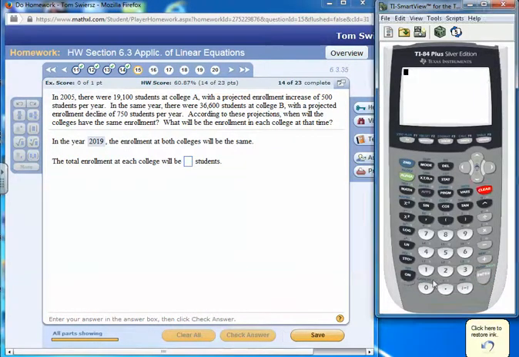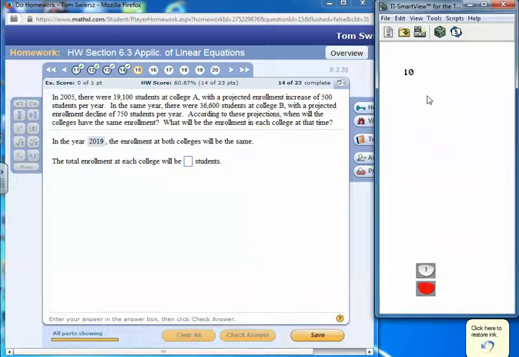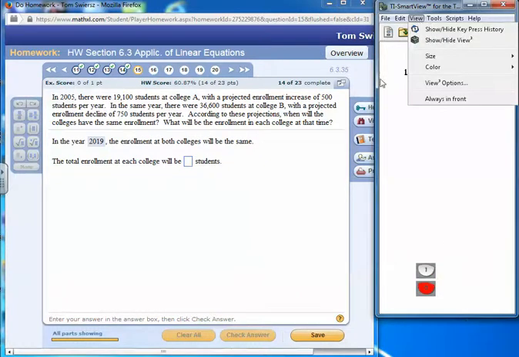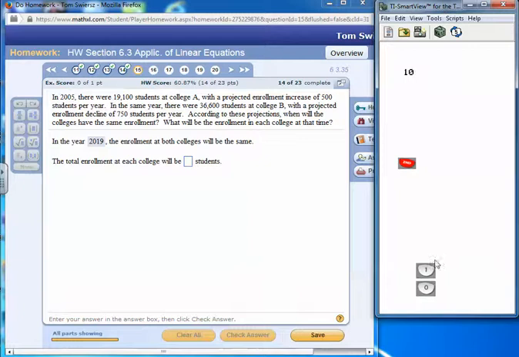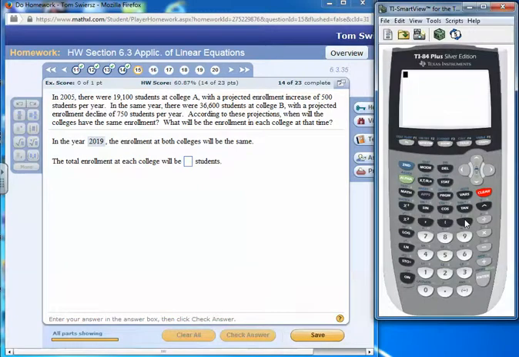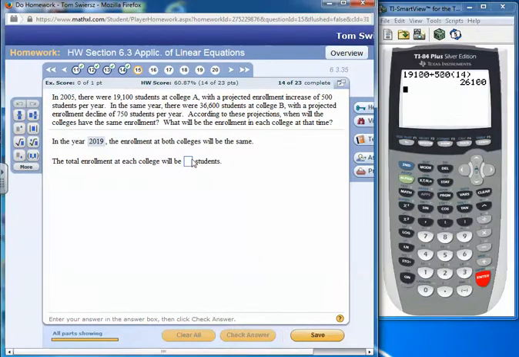So if we put in 19,100 plus 500 times the number of years, which we just figured out was 14, we get 26,100 students.